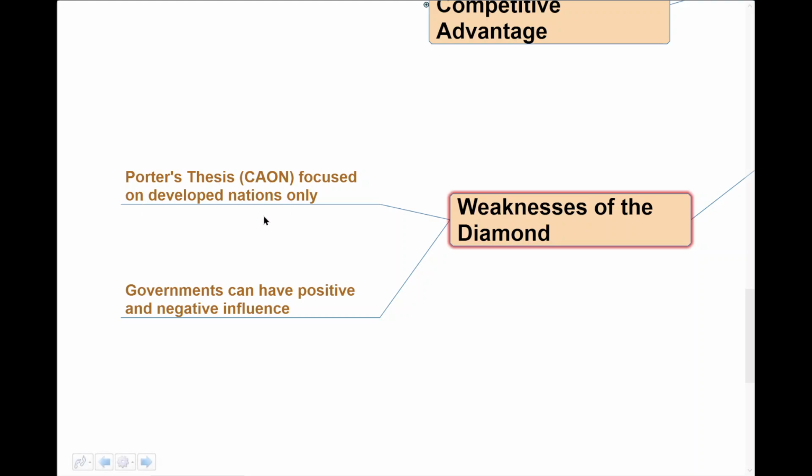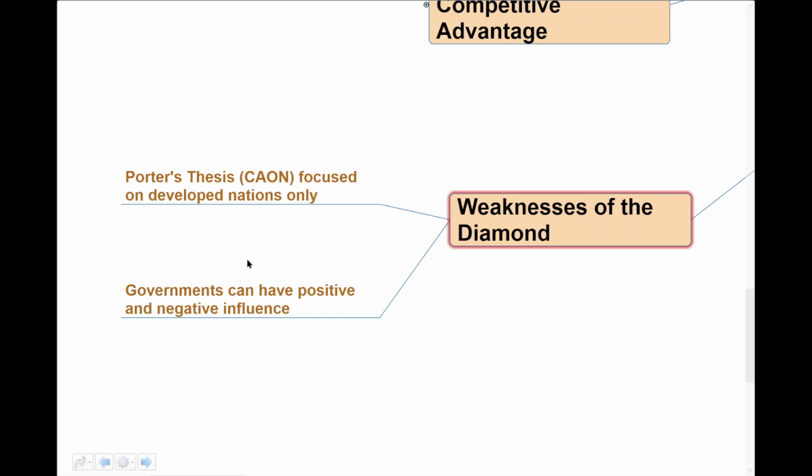But I guess the bottom line is that if we're looking at established industries and successful industries, there are very few nations that are sort of only partly developed or developing that will have extremely successful industries. So whilst that is a criticism, I think Porter founded his logic on good ground.